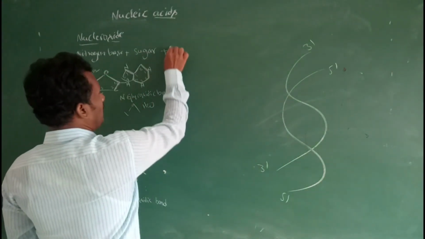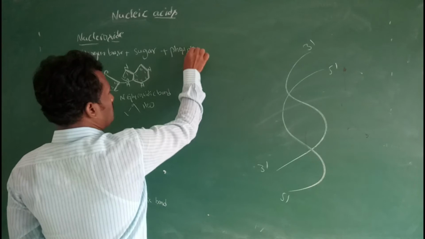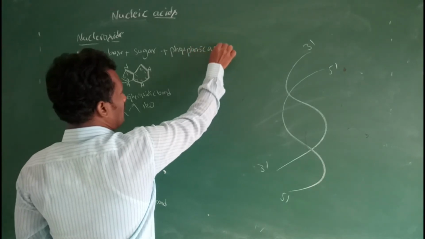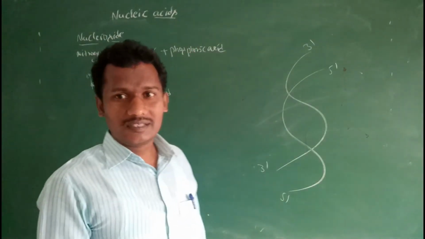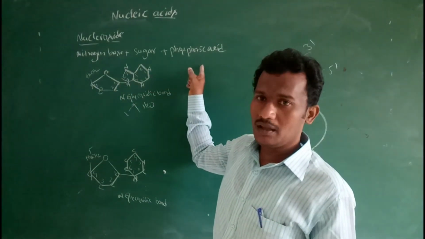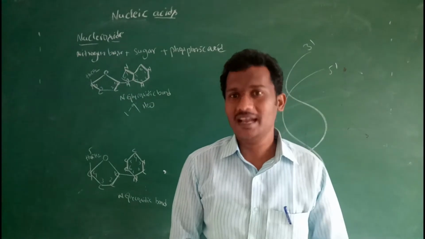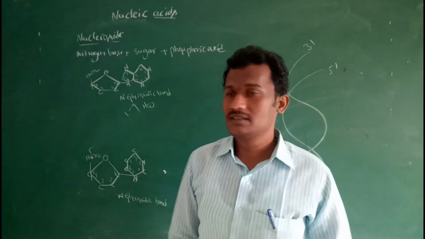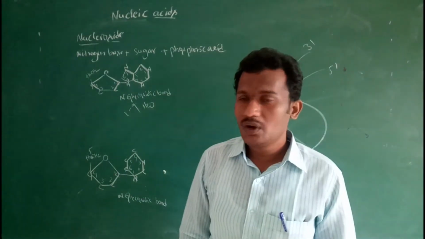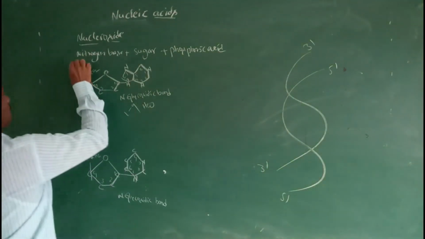Next one, nucleotide. A nucleotide is a nucleoside joined with phosphoric acid. That means the phosphate moiety is linked with the nucleoside through ester bonds. This is known as a nucleotide.